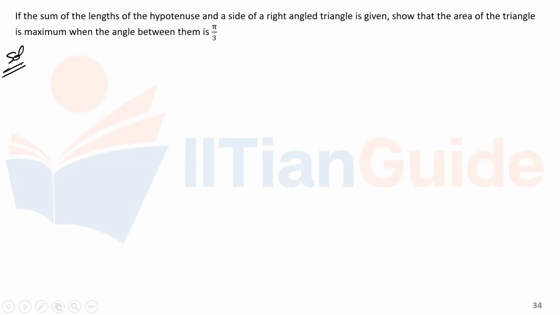The sum of the length of the hypotenuse and a side of a right angle triangle is given. Show that the area of the triangle is maximum when the angle between them is pi by 3. Okay, ये question है. I can do with the algebra, we can do with the trigonometry, but algebra is going to be very, very, very lengthy. Okay, trigonometry is the better.